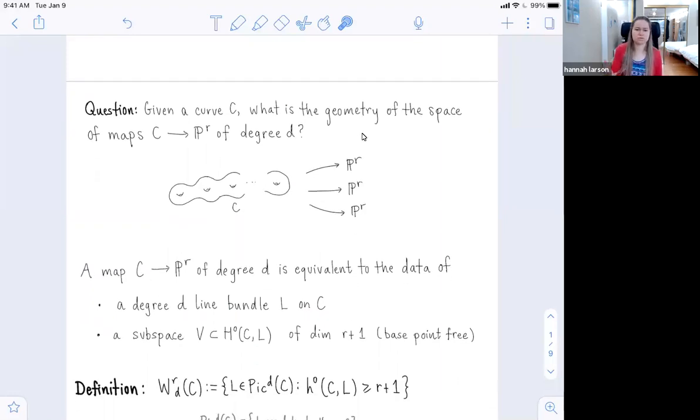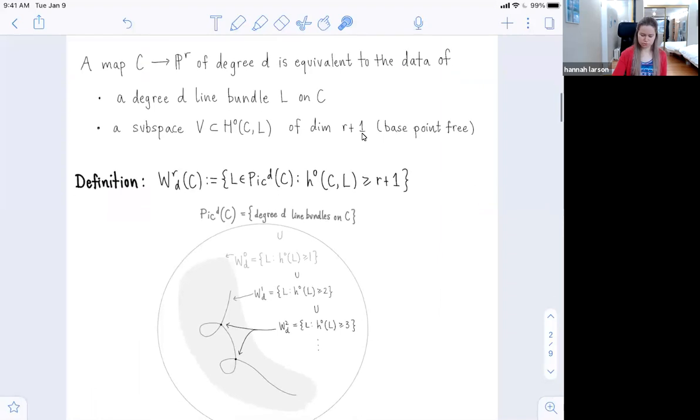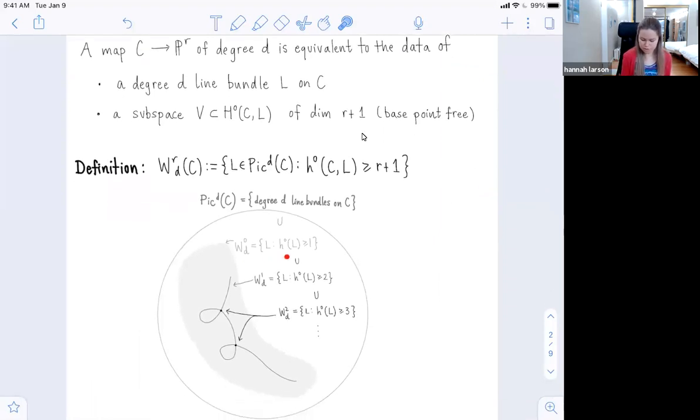So as such, to study this question, I'm going to define W^R_D to keep track of the degree D line bundles so that H^0 of L is at least R+1. So here's a picture. W^0_D corresponds to the effective divisors on my curve. W^1_D is the line bundles that can give me a map of my curve to P^1, and W^2_D would give me ways of realizing my curve in the plane.